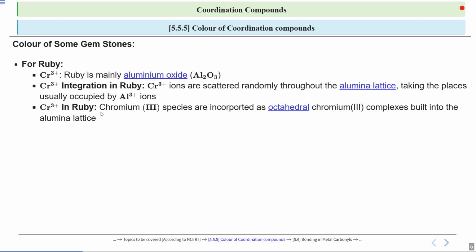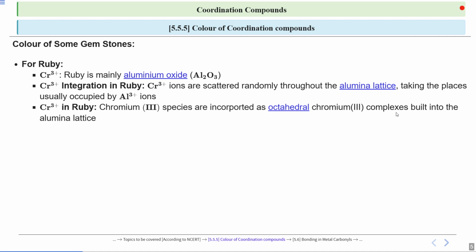Chromium 3 positive in the ruby. Now, chromium plus 3 species are incorporated as octahedral chromium plus 3 complexes built into the alumina lattice. So inside the structure of this aluminium oxide of the ruby, the chromium plus 3 complexes in octahedral form are incorporated.